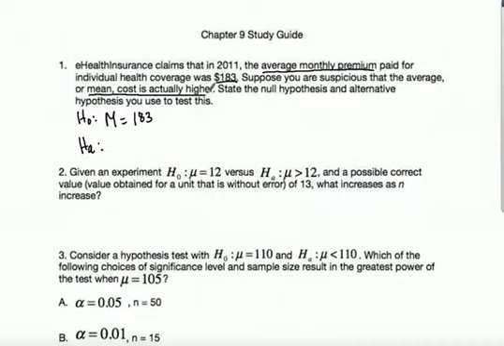So if it's actually higher, then you would be saying that it was greater than the claim of 183. So your alternative hypothesis is going to say that mu is greater than 183. Now it's also important that you state what the mu represents in this problem. In this case, the mu is going to be the average monthly premium.